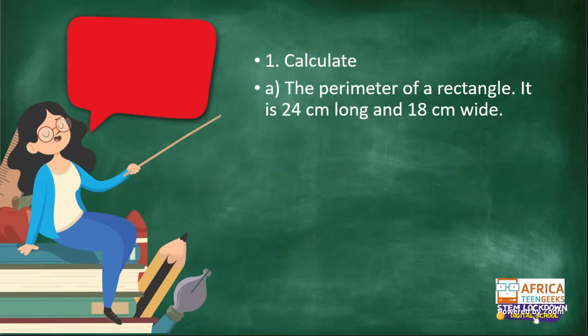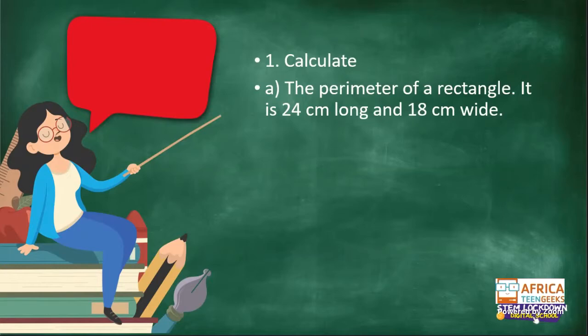Exactly. So basically you multiply 24 by 2 to get 48, and you multiply 18 by 2 to get 36. And thereafter you add the 2. So did you add 36 and 48 to get 84? Yes, definitely. So I fully agree with you, Joanna.